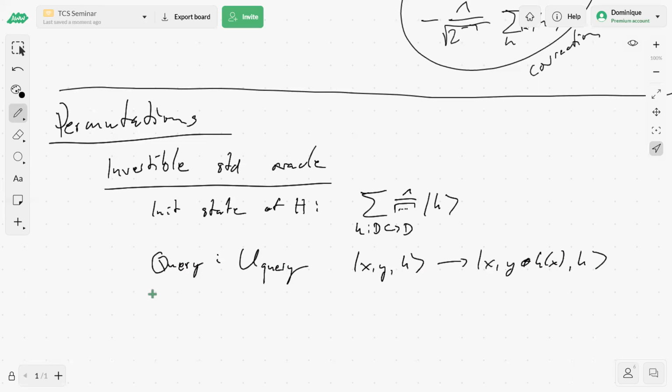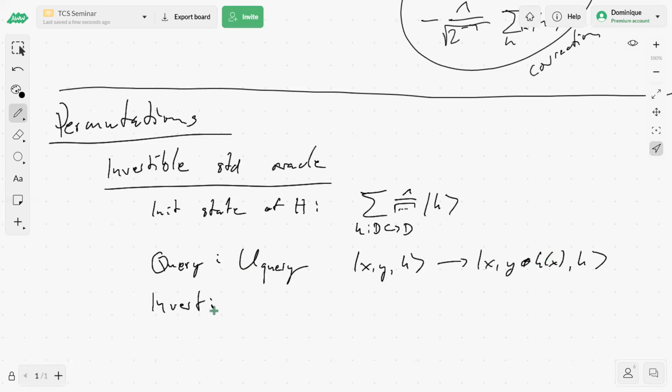But of course, we wanted to have invertible permutations, so we also have to give queries to the inverse. Now I could just define a U query to the -1, which would have h to the -1 here, but I choose a slightly different modeling that is equivalent in adversary powers.